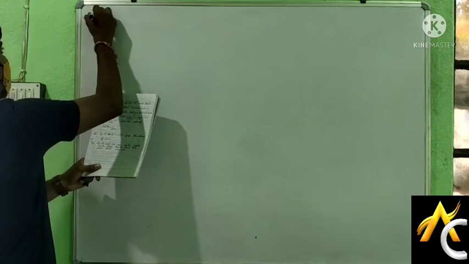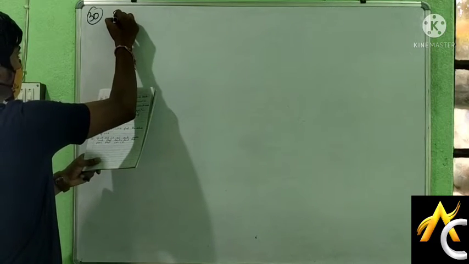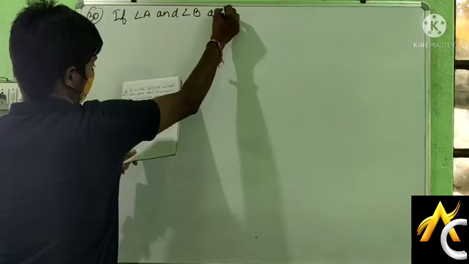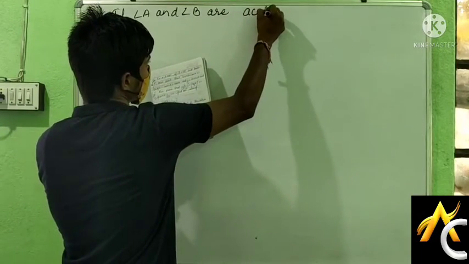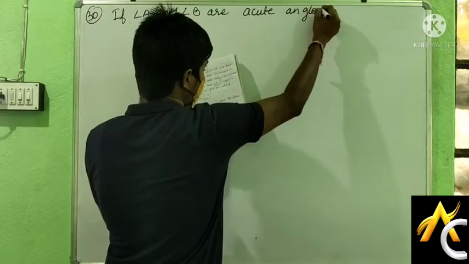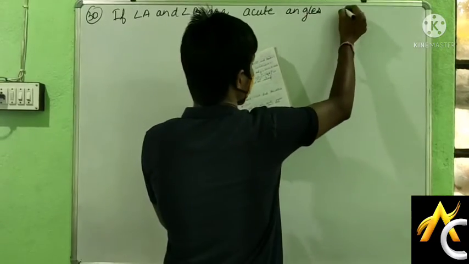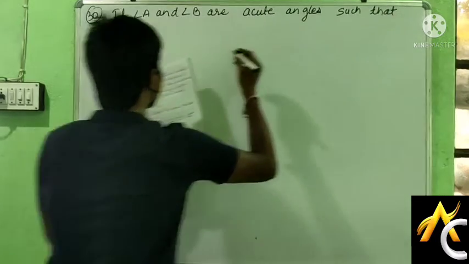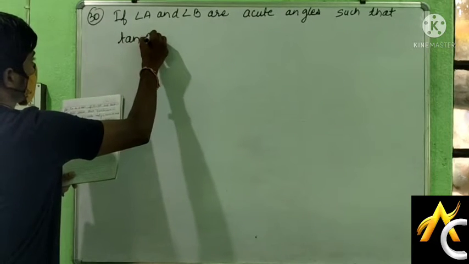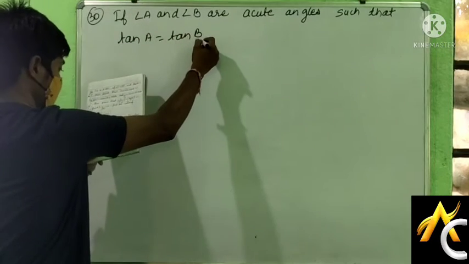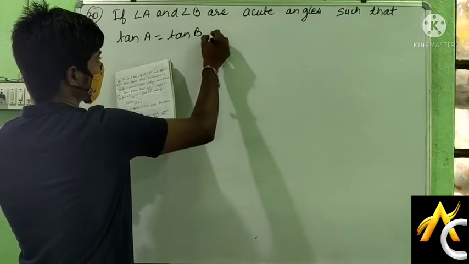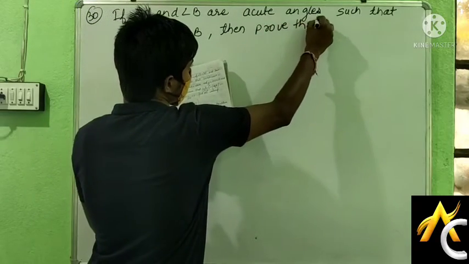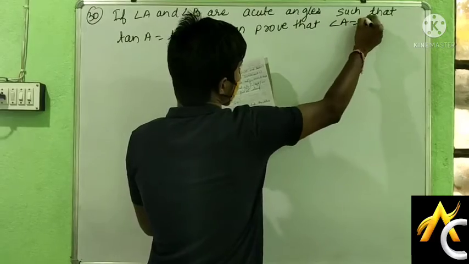Question number 30 is, if angle A and angle B are acute angles such that tan A is equal to tan B, then we have to prove that angle A is equal to angle B.